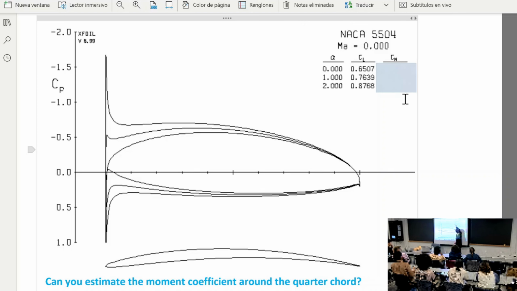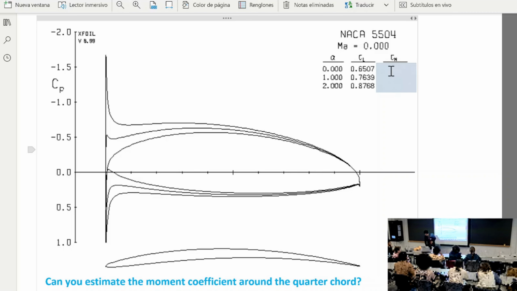So you should take the alpha 0 case. If CL is 0.6507, which means there is a lift of 0.6507 over here, you multiply this with the lever arm relative to the quarter chord, which is a quarter, and you get the moment coefficient. So the moment coefficient should be exactly 1/4 of this.